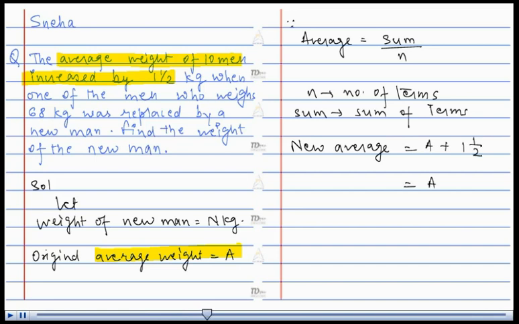That means A plus 1.5 kgs. This is the new average. Since the original average was A and number of men were 10, therefore the sum of weights of those 10 men is equal to 10 times A.